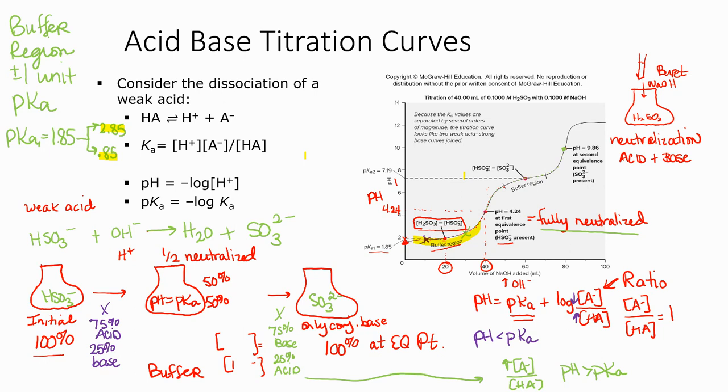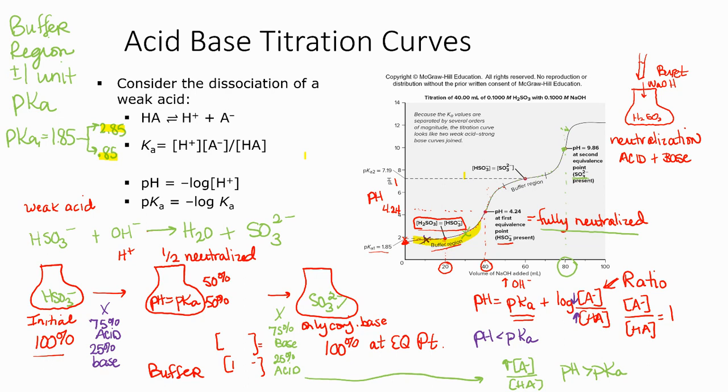And let's see if I can draw a straight line with this. Oh, this is so challenging. Oh boy, that was a terrible start. I think I do better when I try to do the dots. How's that? Is that okay? So notice that for second equivalence, it took 80 milliliters.